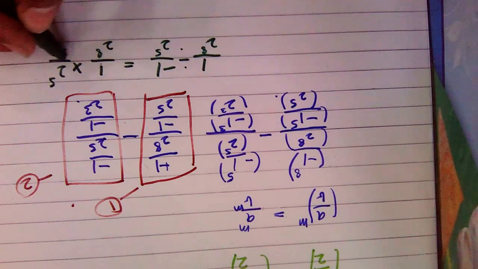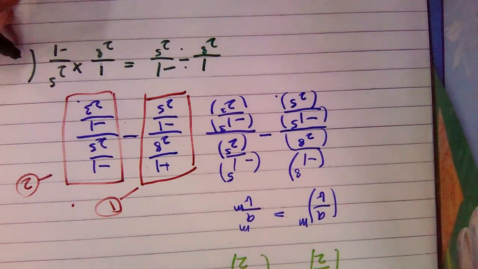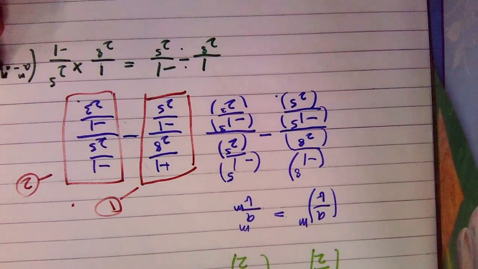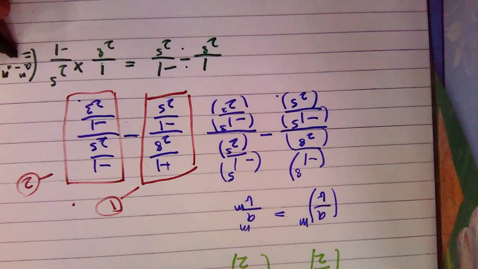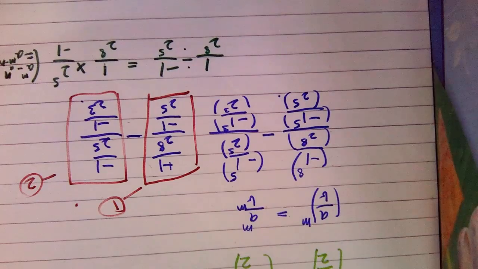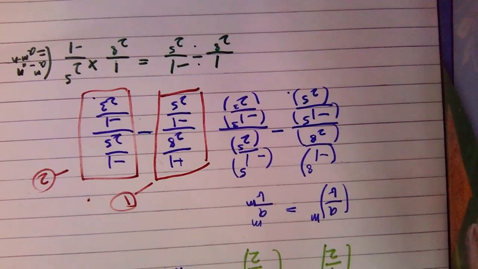So that's a law which tells that a to the power of m divided by a to the power of n will be equal to a to the power of m minus n. Just see it here. You know that already, right?